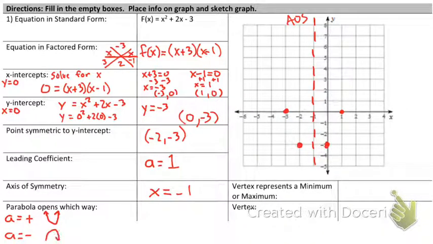It opens down. It has that shape. So looking at our A value, this tells us if it opens up or down. Since the A value is positive, our parabola is going to open up. Our graph should look like this. Smiley face, positive. Okay?